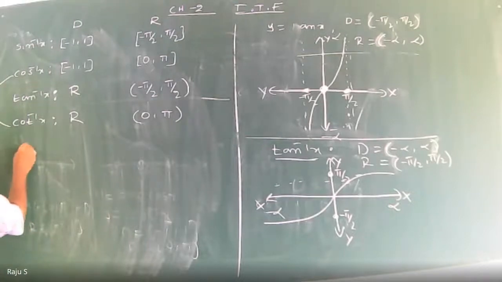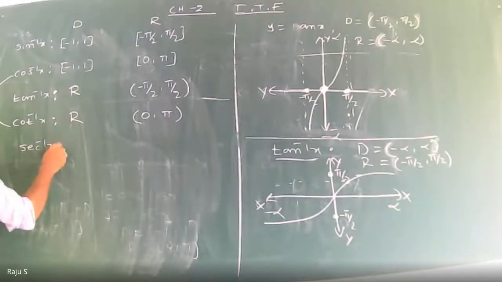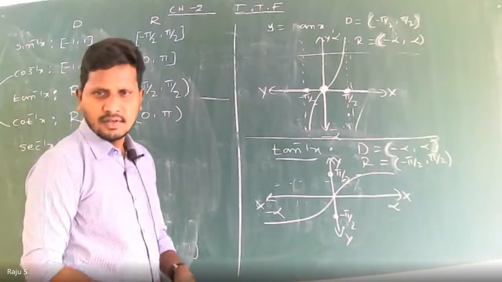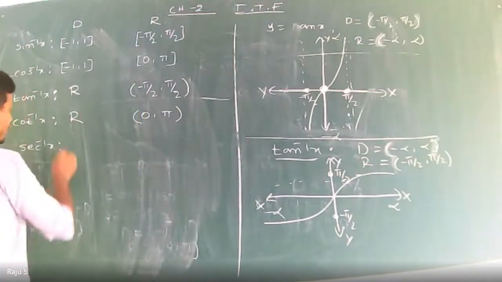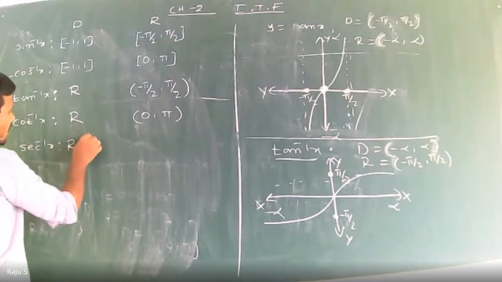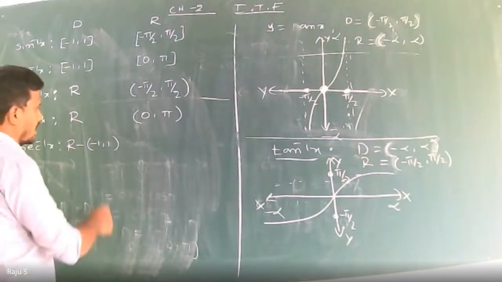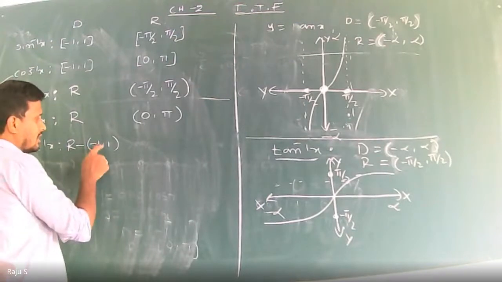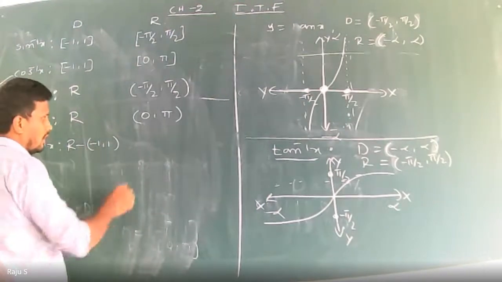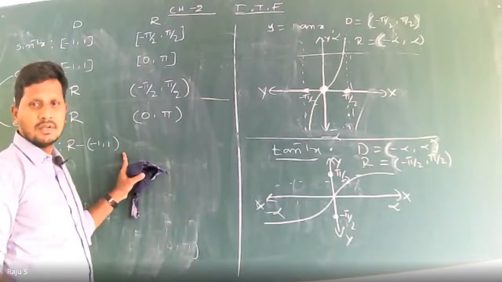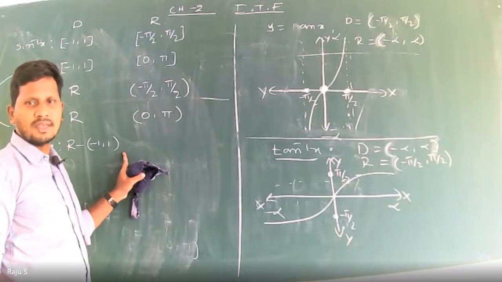Then the remaining one, secant inverse of x. What about the domain? Secant inverse doesn't exist between minus 1 and 1, so the domain is other than these values. And what about the principal value branch of secant?